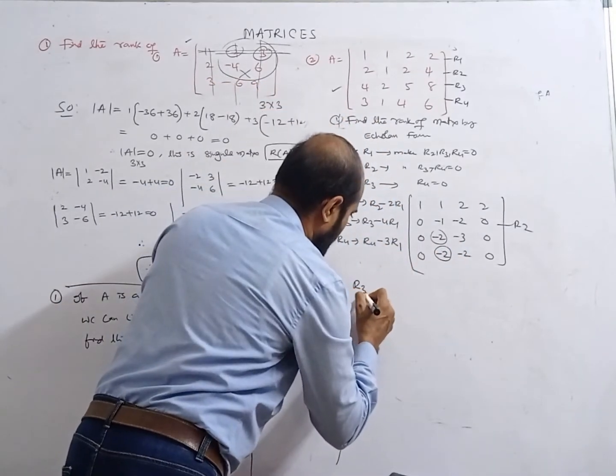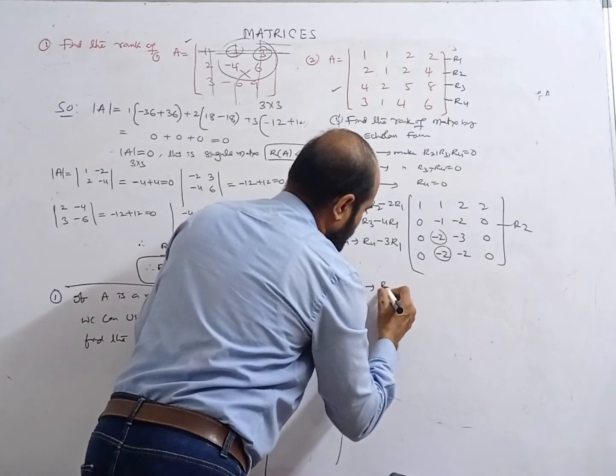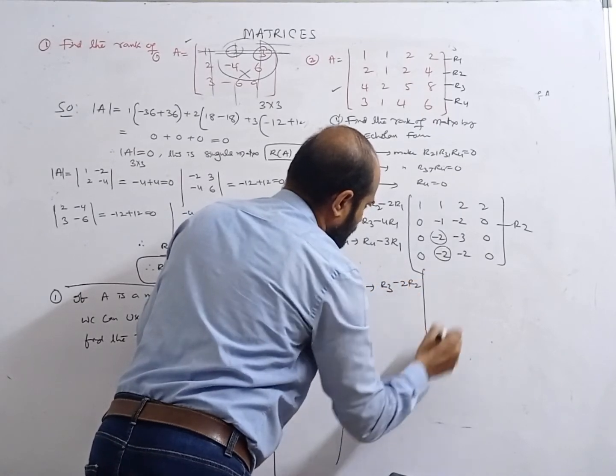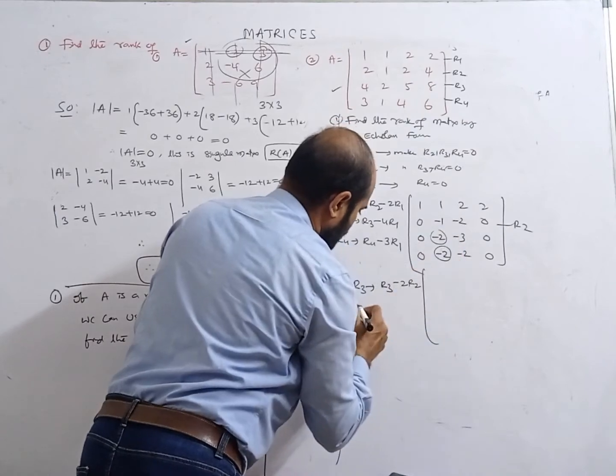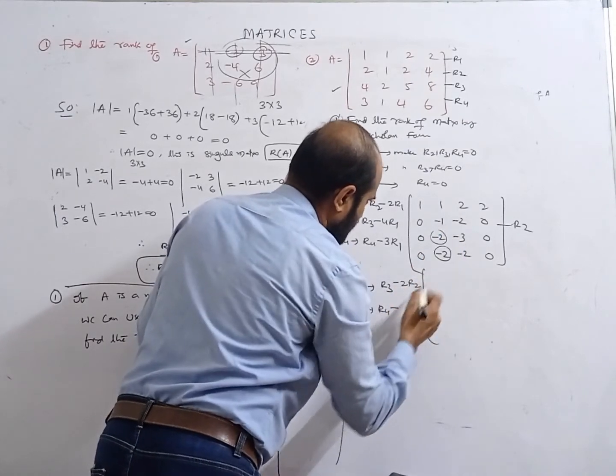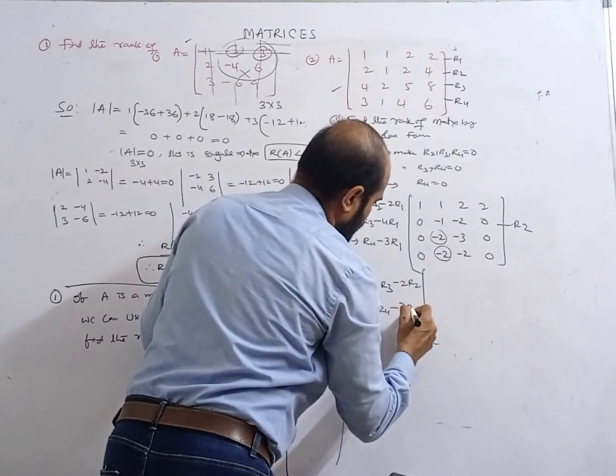Now let us solve R3. R3 becomes R3 minus 2R2, and R4 becomes R4 minus 2R2, right?